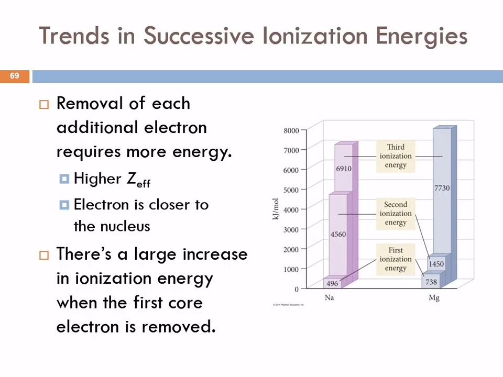What if you're removing another electron? Well, that requires more energy than the first one, because the effective nuclear charge has increased now, and so it's going to be harder and harder. The more electrons you remove, each one is going to require more energy. Because what happens when you form a cation to the size? Does it get bigger or smaller?